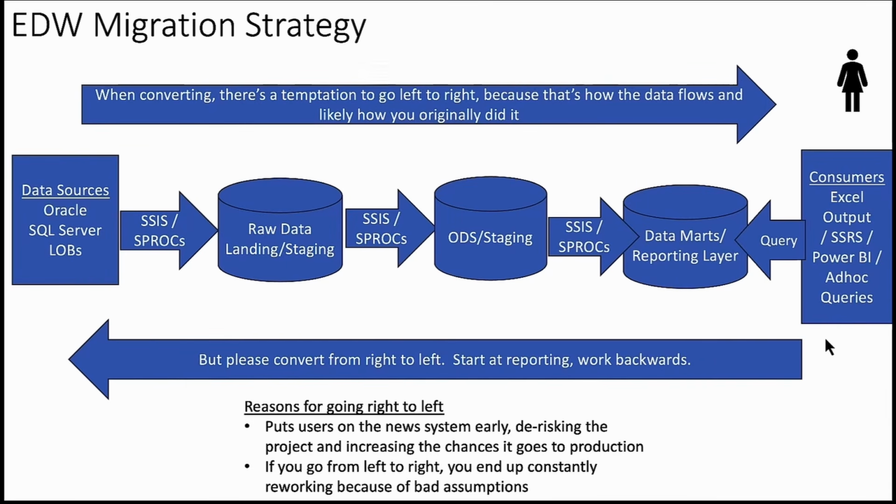And I believe you should not do that. I believe you should convert from right to left, start at reporting and work backwards. So that means that from the very beginning, you're going to try to get the data marts over to Databricks, and then you're going to put users on it immediately. How would you get the data marts over to it? Well, you could just use the EDW as a source if you wanted to, right?